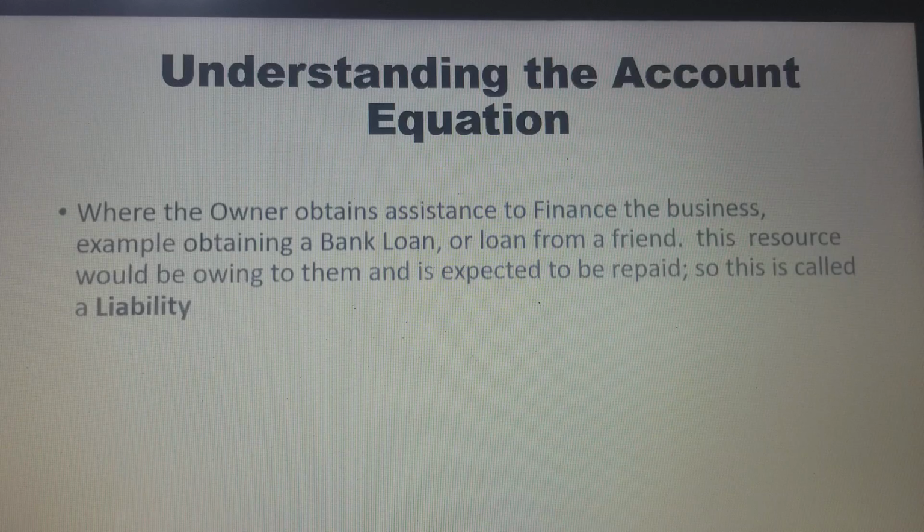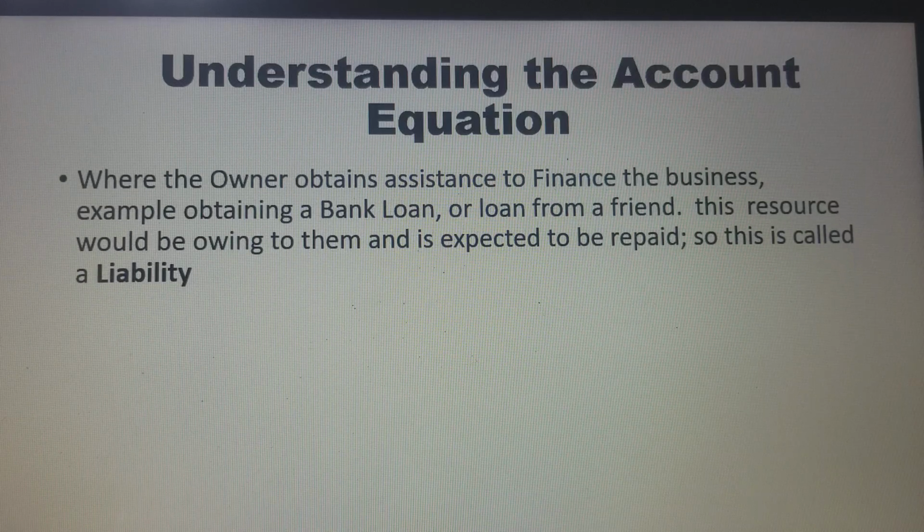Let's move on. Now, where the owner obtains assistance to finance the business, for example, obtaining a bank loan or a loan from a friend, this resource would be owing to them and is expected to be repaid. So this is called what? A liability.